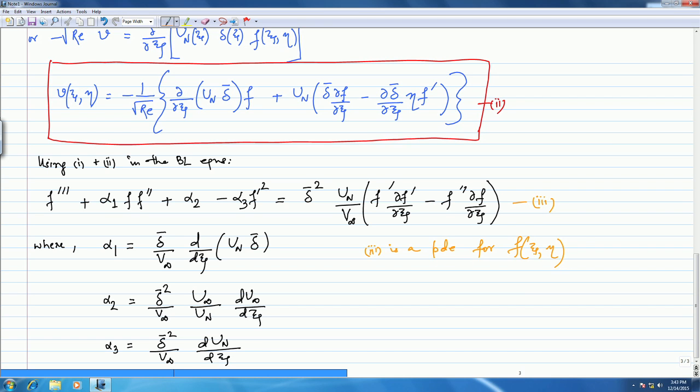But I would like you to think over this: what if alpha 1, alpha 2 and alpha 3 are constants? If alpha 1, alpha 2 and alpha 3 are constants, then what happens to this equation?